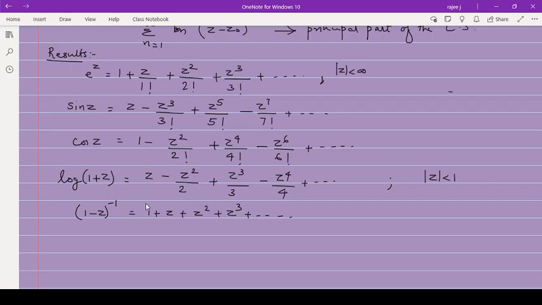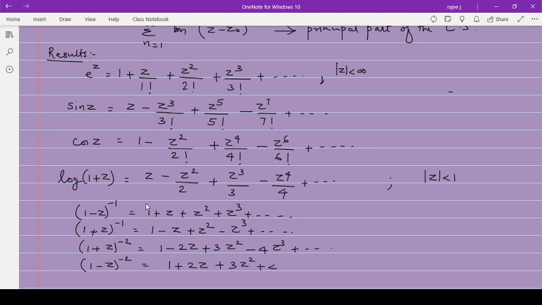And 1 plus z raised to minus 1 will be alternating plus and minus: 1 minus z plus z square minus z cube plus etc. Then 1 plus z raised to minus 2 will be 1 minus 2z plus 3z square minus 4z cube plus etc. And 1 minus z raised to minus 2, here 1 is plus and 1 is minus, so alternate; here both are negative so all are positive: 1 plus 2z plus 3z square plus 4z cube plus etc. And in all these the condition is mod of z must be less than 1.